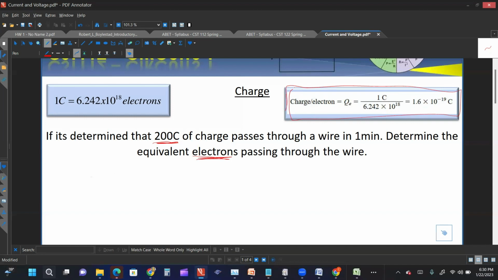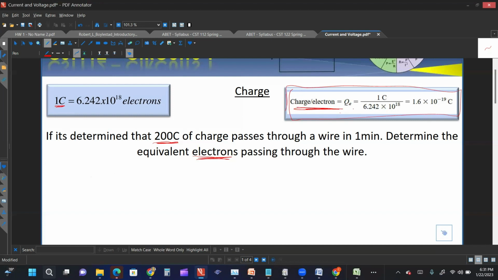And so basically, all this formula is saying is that one coulomb is equal to 6.242 times 10 to the 18 electrons. That's a lot of electrons in 1 coulomb. But that's all this formula right here is saying. 1 coulomb equals 6.242 times 10 to the 18 electrons.